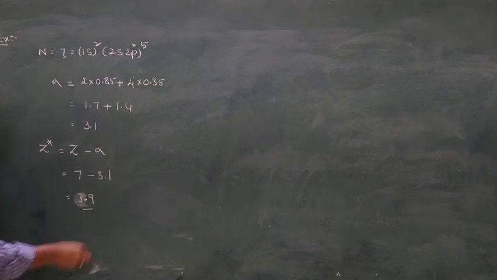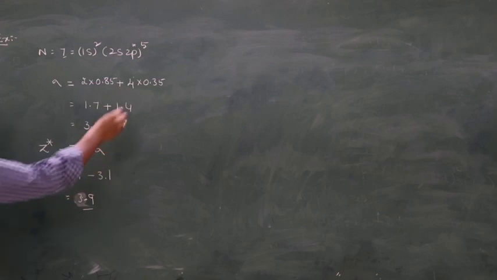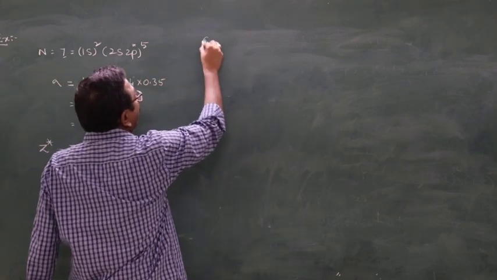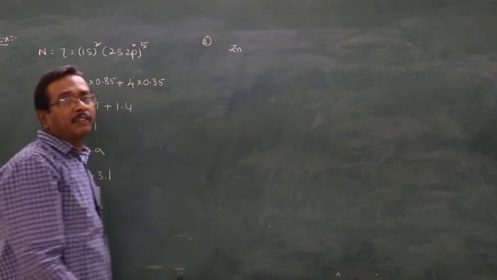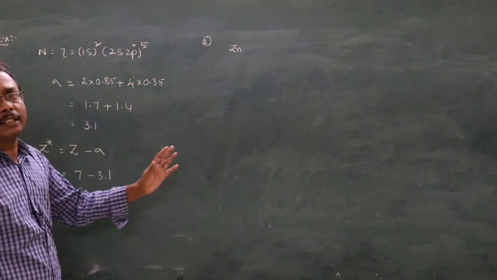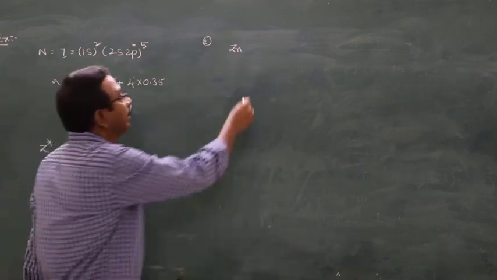This is about the effective nuclear charge. And the second example, calculate the effective nuclear charge of the valence electron present in the element zinc.